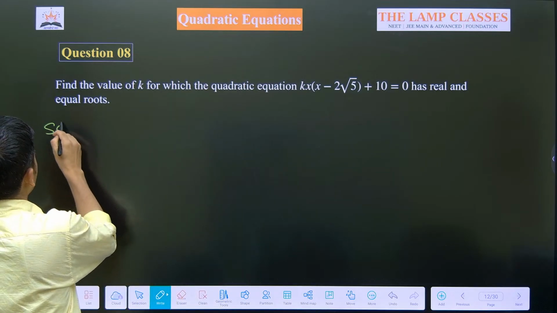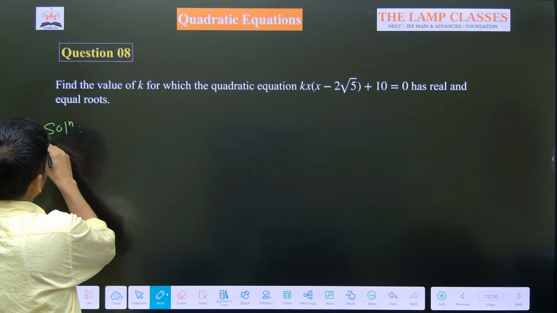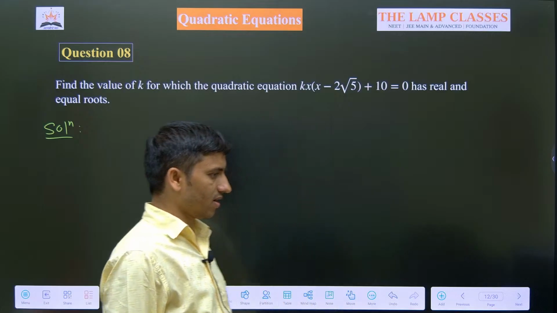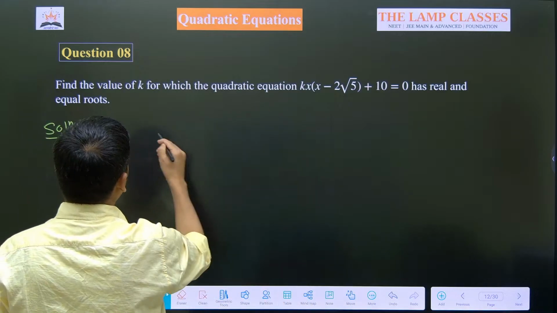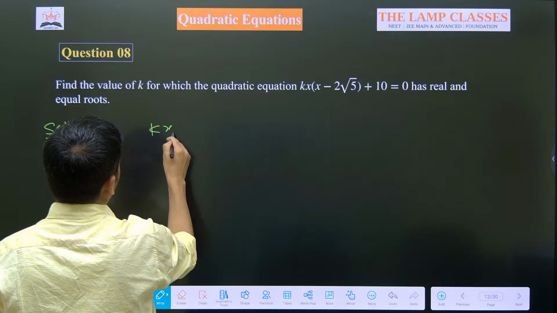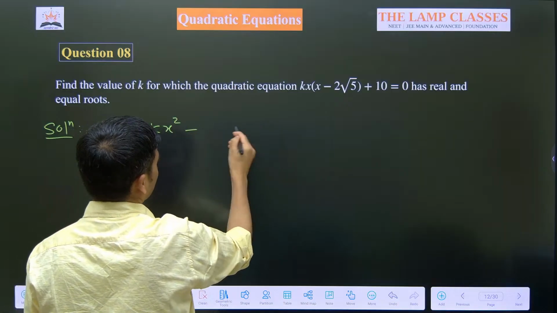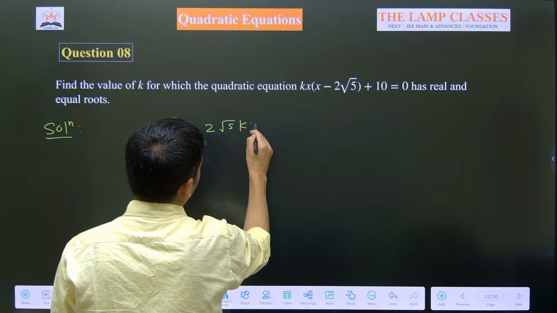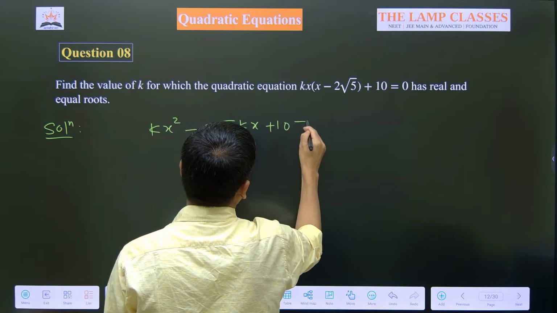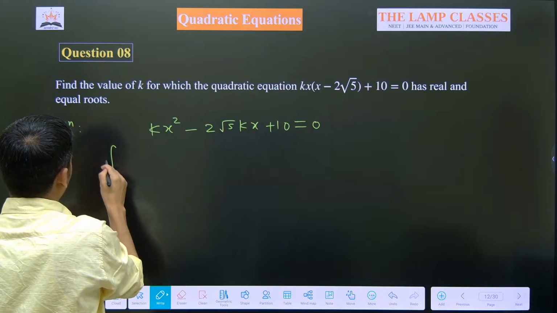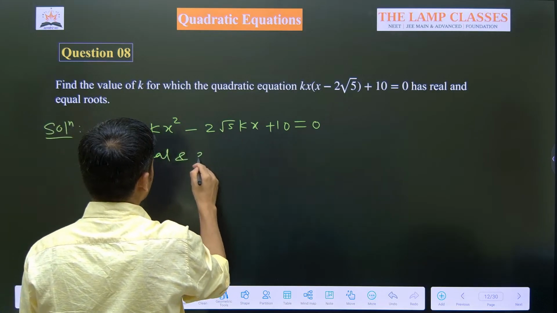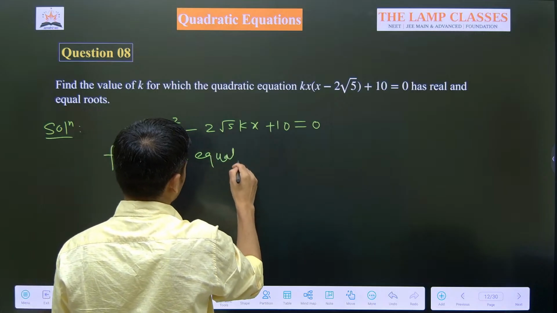So in this particular question, the given quadratic is not in the standard form, right? First we shall simplify and write in the standard form. So it's actually k x square minus 2 root 5 k into x plus 10 equal to 0, for real and equal roots.